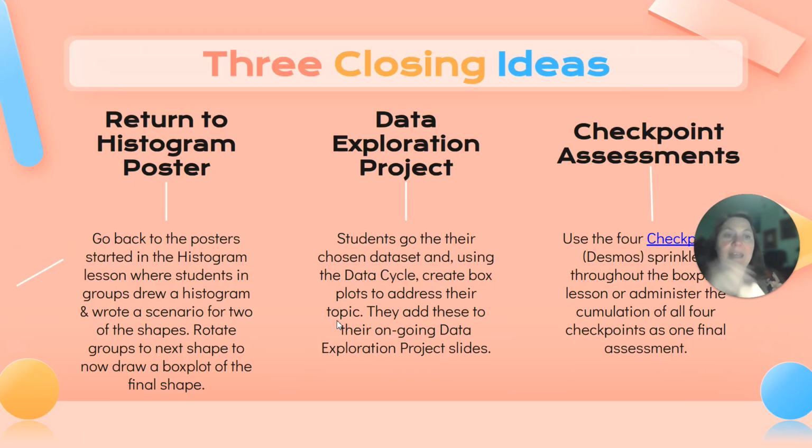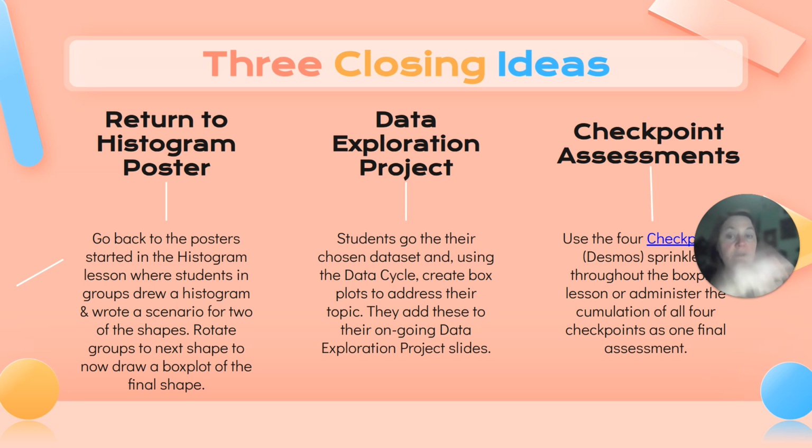You work through those. Three closing ideas that you could do. Here's where you could return to that histogram poster, if you watched the histogram video, where students are in groups around the room, and the shapes have been on the top of the posters: symmetric, skewed right, skewed left.